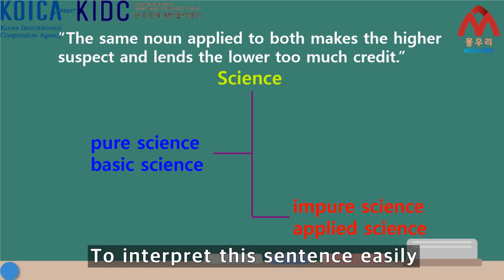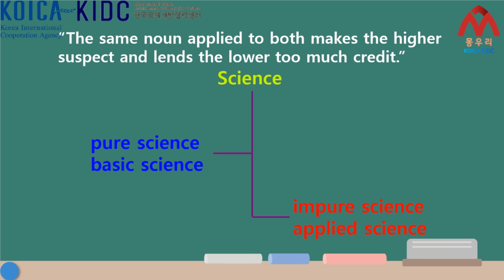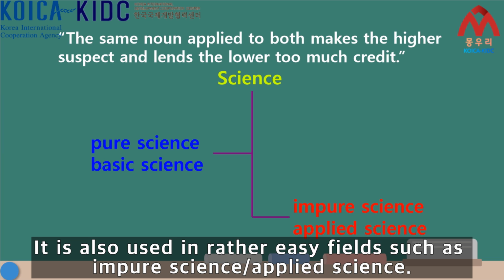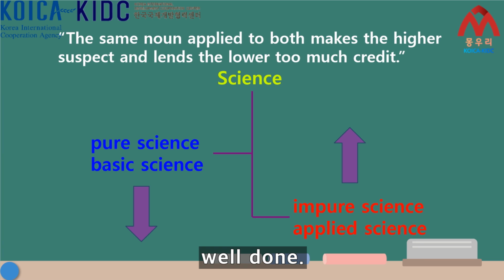To interpret this sentence easily, the single word science can be used in hard-to-understand fields such as pure science or basic science. It is also used in rather easy fields such as impure science or applied science. So, it means the difficult thing looks lower and the easy thing looks higher. Well done.